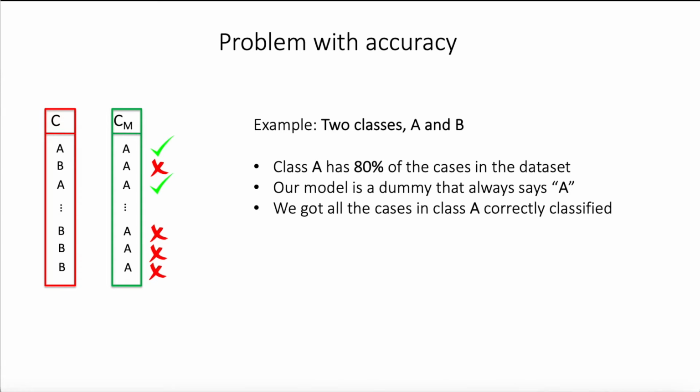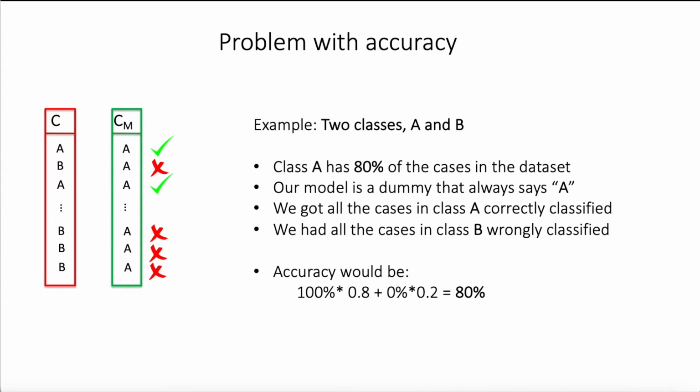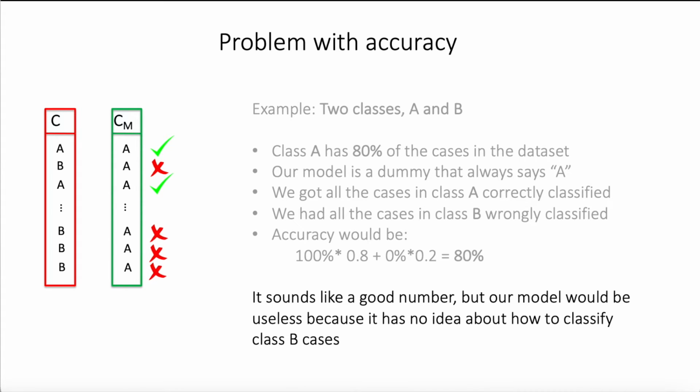But we get all the cases in class B wrongly classified, because our model never predicts class B. So for 80% of the cases we got 100% accuracy, and for 20% of the cases we got 0% accuracy. So this is 80% accuracy, and that actually sounds like a good number, but we know that the model is terrible, right?